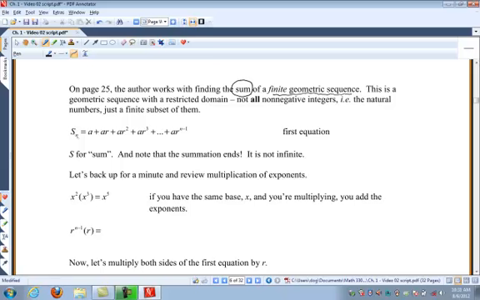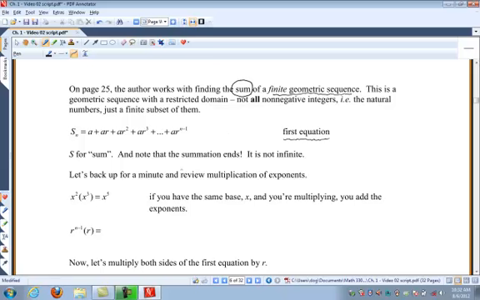I'm going to call it S sub n for sum, and I'm going to add up the terms. a is the first term, ar is the second term, ar squared is the third term, adding them all up, see these plus signs? Plus ar to the n minus 1, the nth term, and then we stop because it's a finite sequence. So here's what I'm going to call my first equation, because we're going to do some algebra with this. S is for sum, and it stops. That's exactly right. It's not plus dot dot dot.